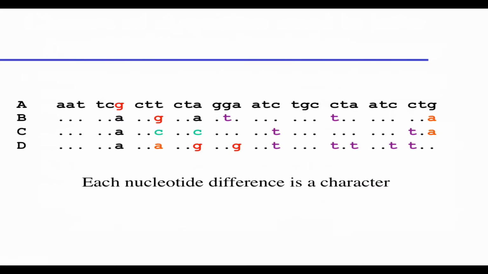Okay, so I'm going to try and define characters a little more precisely. As might be intuitively obvious, you can only work with DNA characters in the context of an aligned group of homologous sequences.